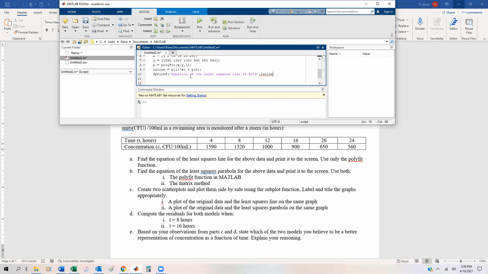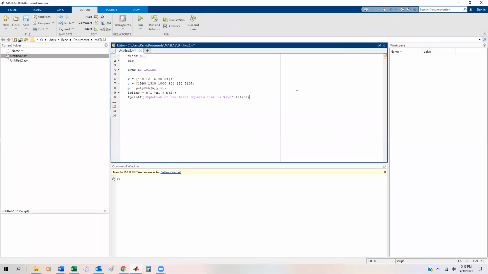All right. So in the same vein, what I'll do is I'll get the polynomial or the quadratic one as well. So I'm just going to say LS quad, and I'm just going to copy this code, and we're going to change 1 to 2, and let's just call this Q so that it's not the same variable.